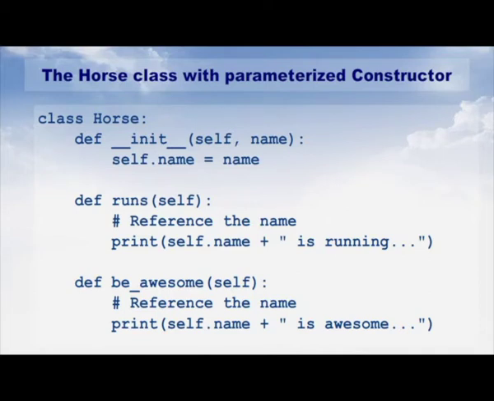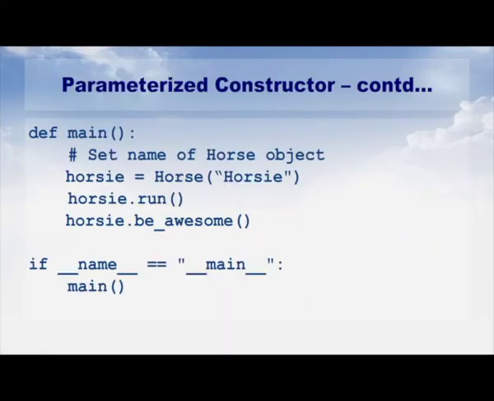In the main method, we create the horse object called horsey, but this time we are passing a string parameter to the horse instantiation.